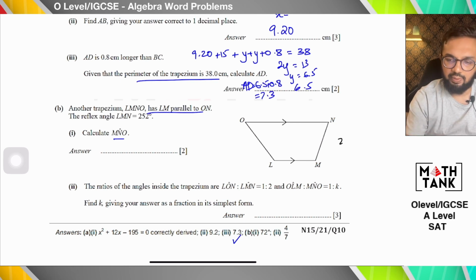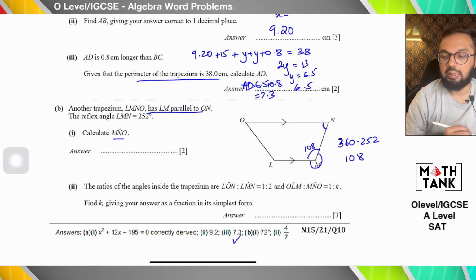So the first thing I need to do is 360 minus 252, and that will give me 108. Now these two angles are supplementary, so they should add up to 180. So that is going to be 72 degrees, 180 minus 108.